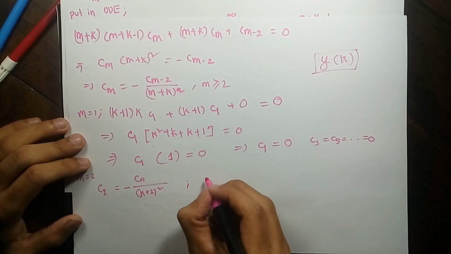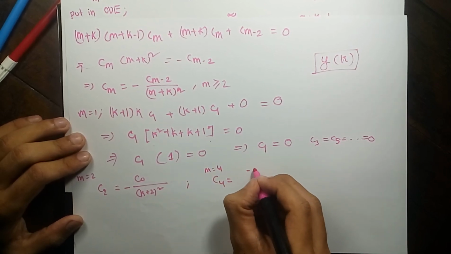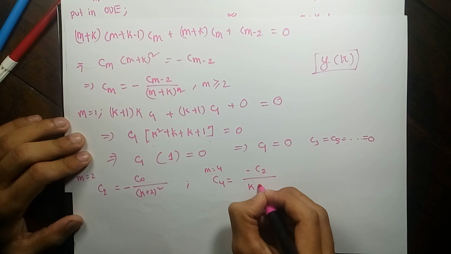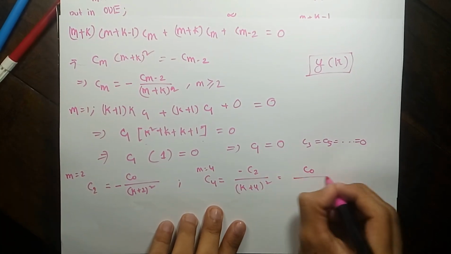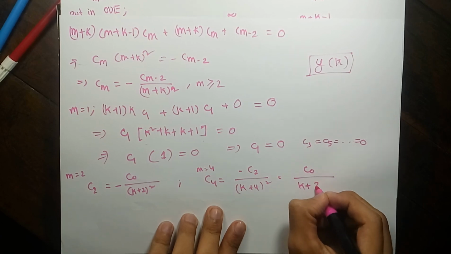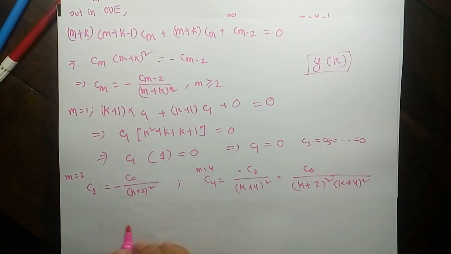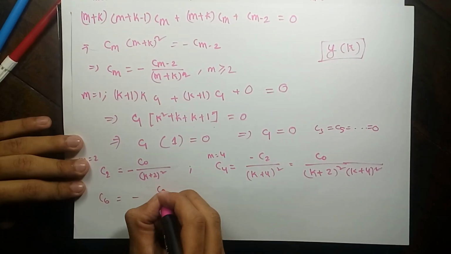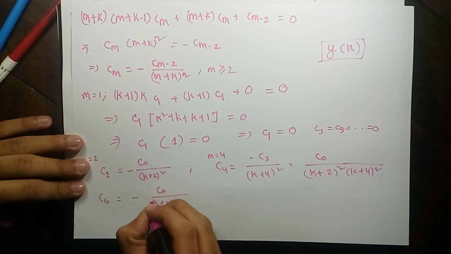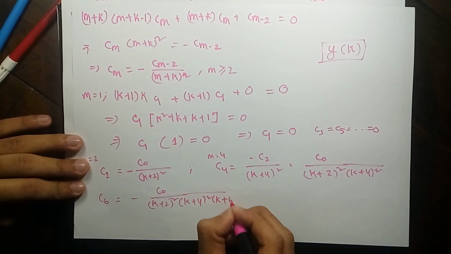C4, put m equals to 4, minus C2 over k plus 4 square, and if you put the C2 value over here, then it turns out to be C naught, minus minus cancels out, over k plus 2 square, k plus 4 square. Like this way, if you try to evaluate C6, it will be minus C naught over k plus 2 square, k plus 4 square, k plus 6 square.